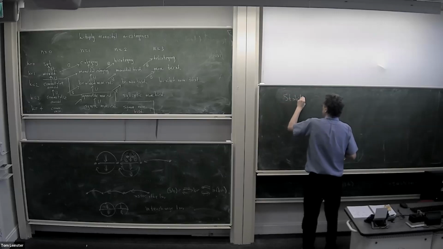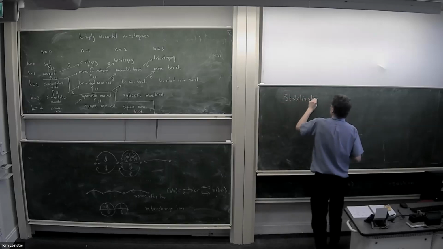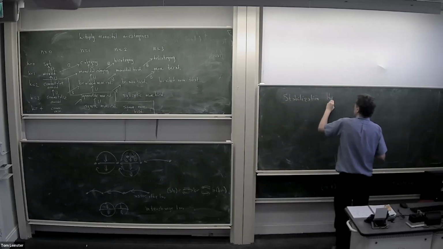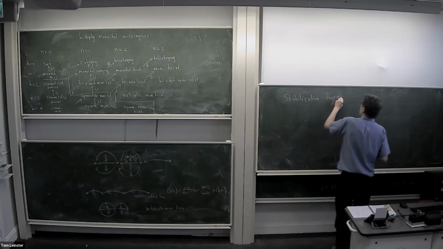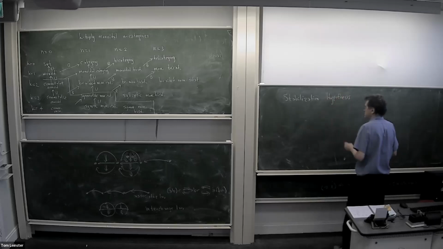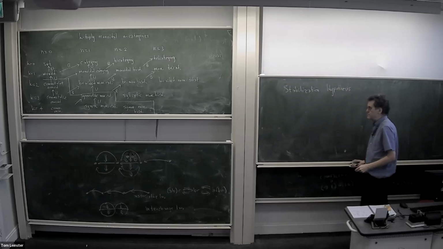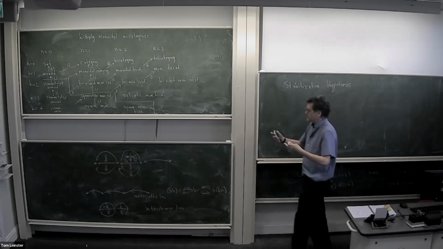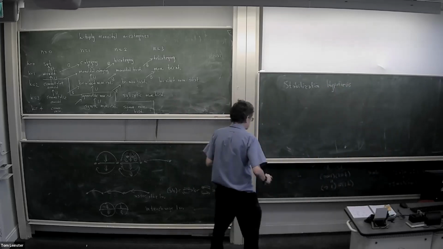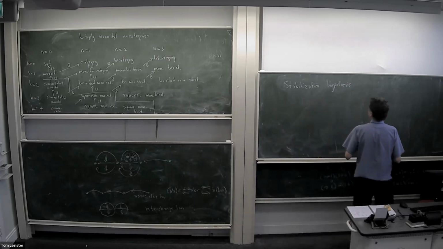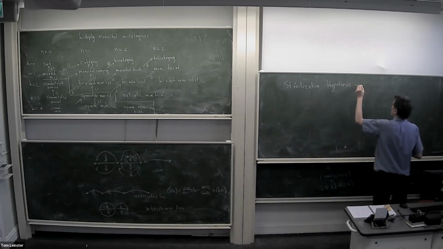And so the stabilization hypothesis, so Jim and I called it a hypothesis because it was even too vague to be a conjecture at that point, that the theory of n categories hadn't even worked out to the point where we could know exactly what we were talking about.